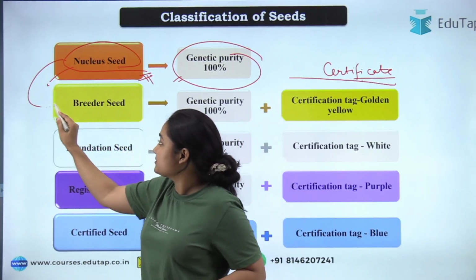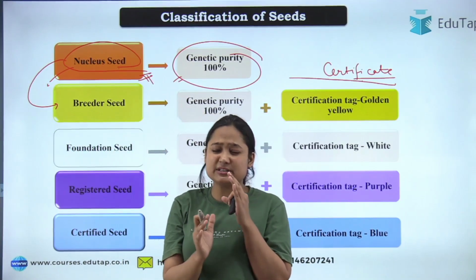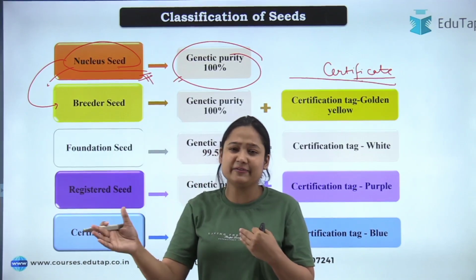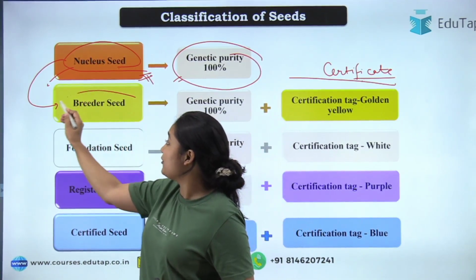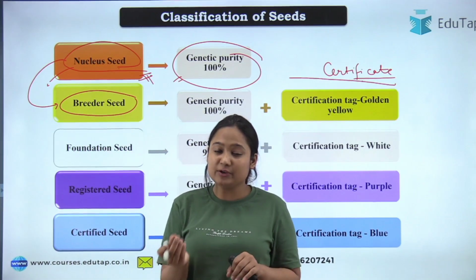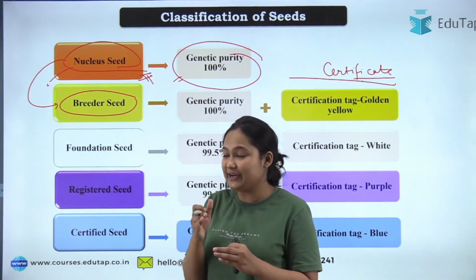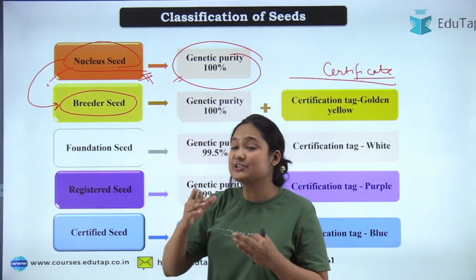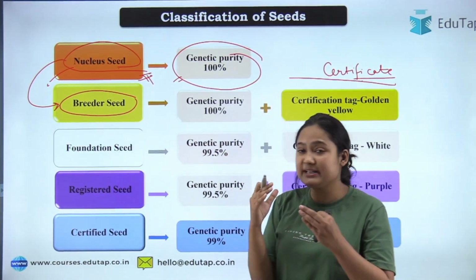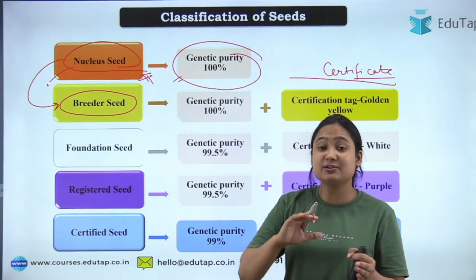Then if your seed is good, suppose it has double the yield, triple the yield, or a very good yield, what will happen? Now you need to multiply the seed. You can't have one seed and divide it. So how will you do it? You will multiply the seed, and this multiplication will be done by some SAUs, researchers, agencies or universities.